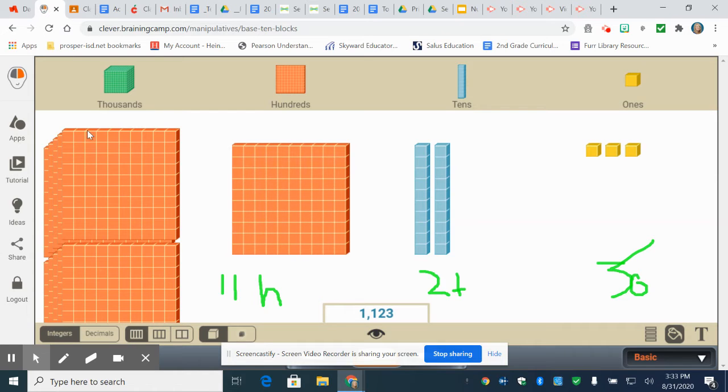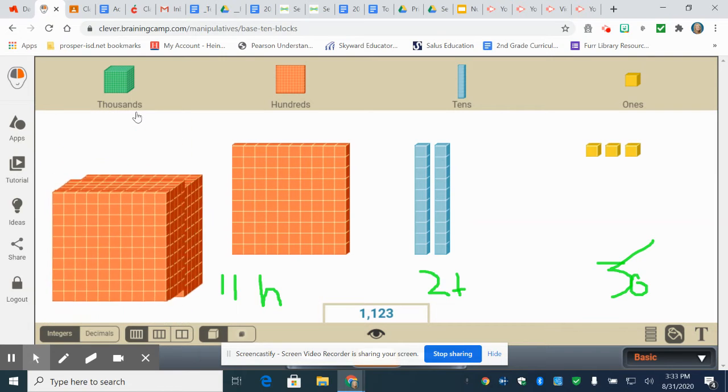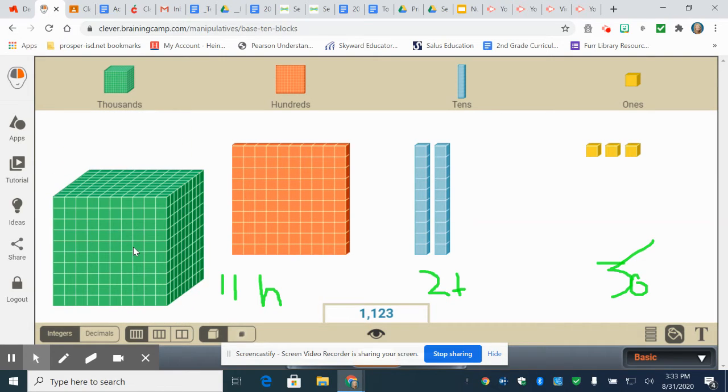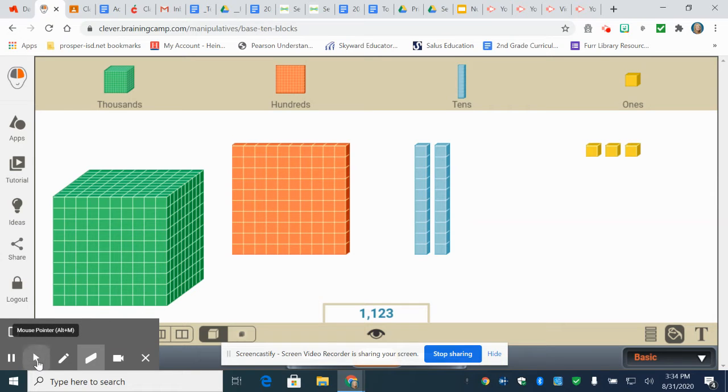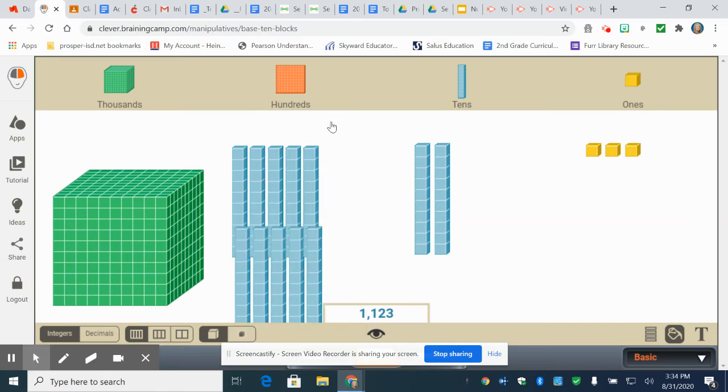I could do that a different way. Put them back together. Now I have 1,123, or I could decompose it a different way. So what if instead I decided to break up the 100? I could break up my 100.